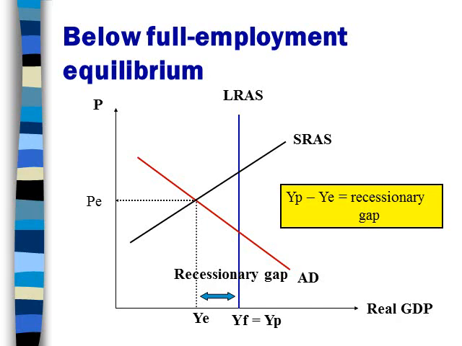Potential, which is represented by LRAS, is on the right. Remember on the diagram, on the scale, this is 0, and then it increases. So the LRAS, the potential, is on the right side, higher than your current production. So you are producing less than potential. The difference is called a recessionary gap. That means the economy is in recession.